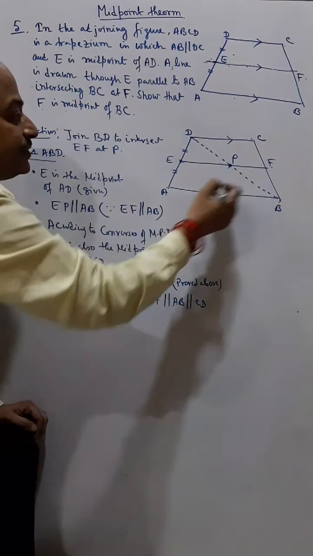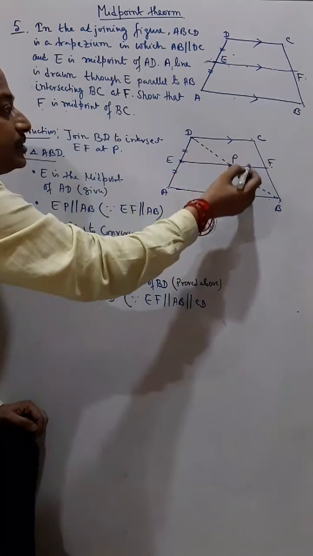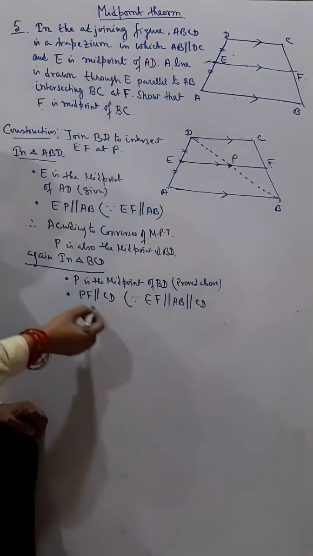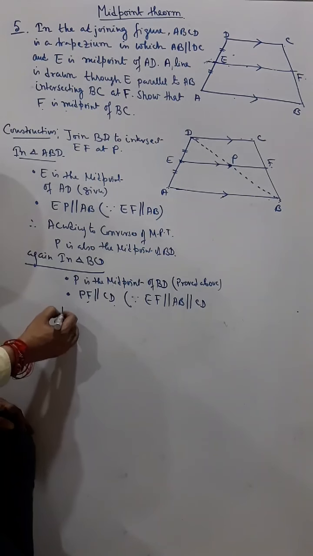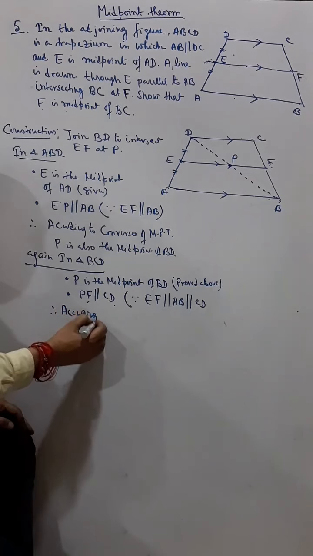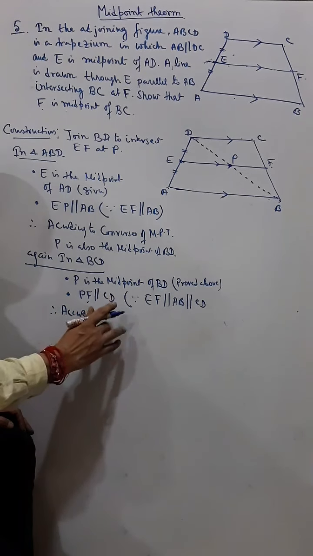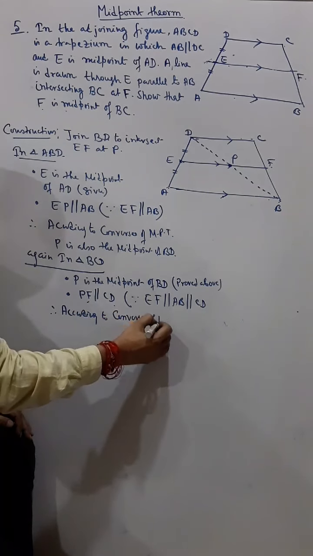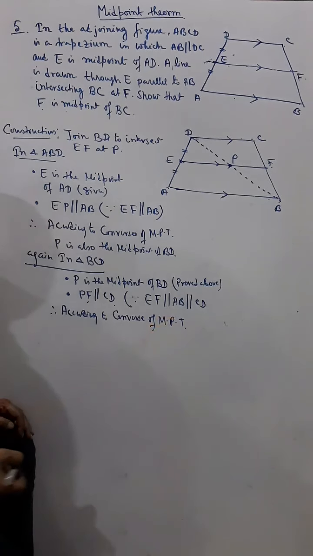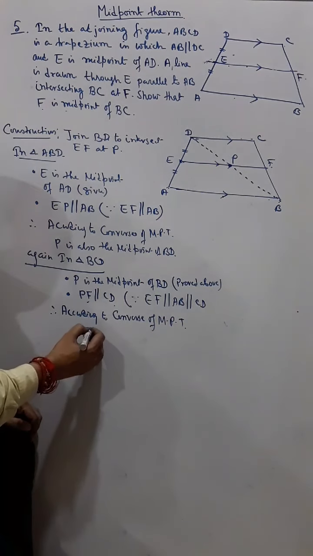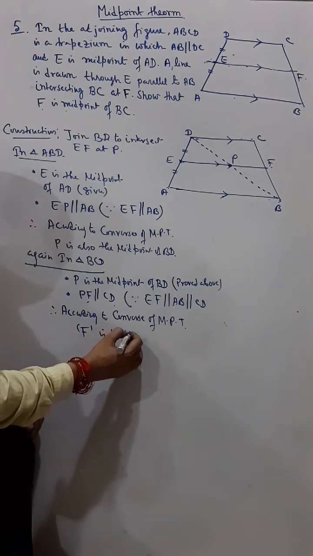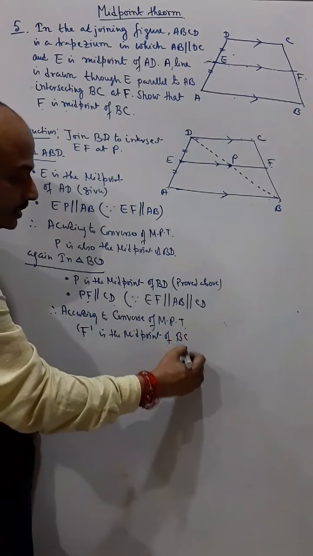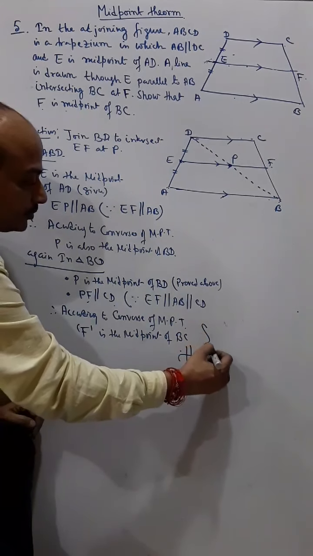So all these three lines are parallel, and therefore I can say PF is parallel to CD. Therefore, according to the converse of the midpoint theorem, F is the midpoint of BC, and that is hence proved. Okay, understand?